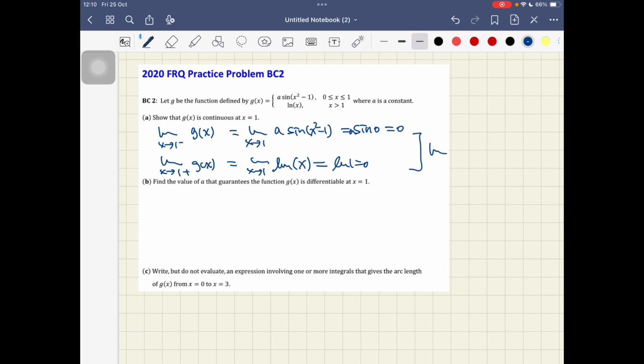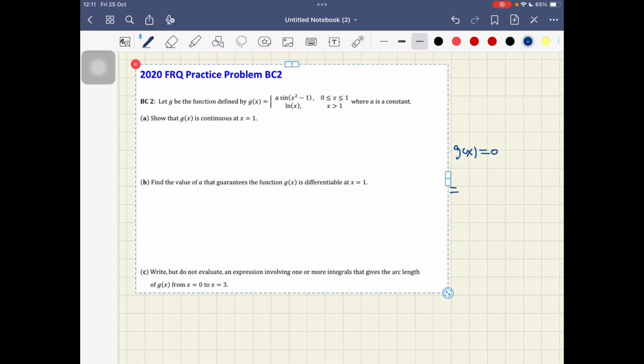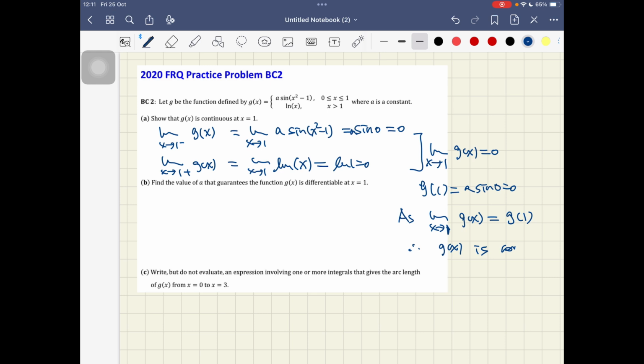So this makes the limit as x goes to 1 of g of x equal to 0. So the limit exists and is 0. And also we need to compare with the function value g of 1, which is here, the upper part. A sine 0 is 0, so the limit as x goes to 1 of g of x equals g of 1. Therefore, g of x is continuous at x equals 1.